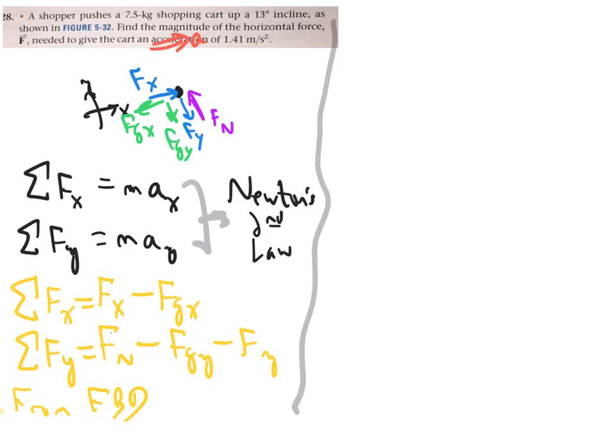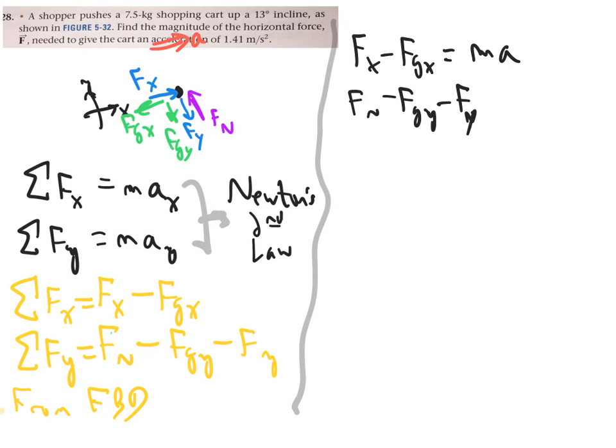So we'd have something like Fx minus Fgx equals ma, and Fn minus Fgy minus Fy equals 0, because the cart accelerates along the incline, but doesn't accelerate out of the incline.